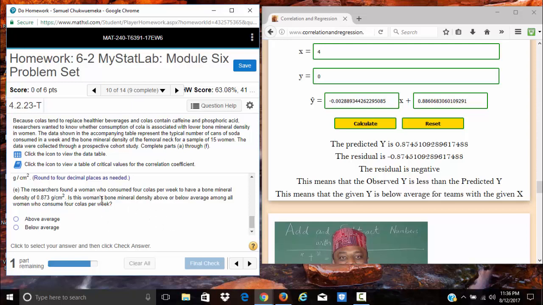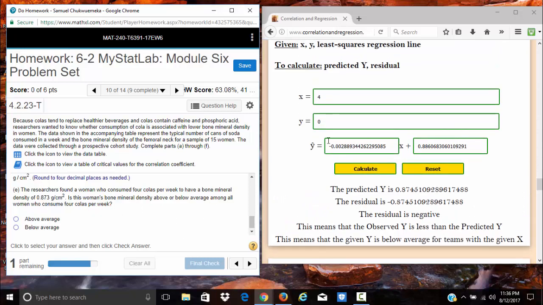The researchers found a woman who consumed 4 colas per week to have a bone mineral density of 0.873 grams per centimeter squared. Is this woman's bone mineral density above or below average among all women who consume 4 colas per week?